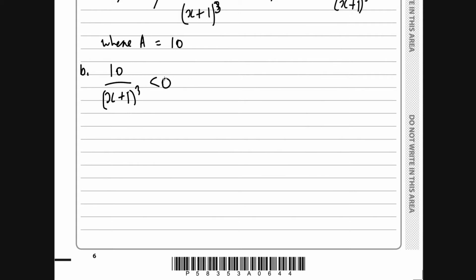Therefore, for it to be strictly less than 0, this term within the bracket is going to have to be negative. And for that to happen, x has to be strictly, so we're not going to be inclusive here with this inequality, less than minus 1. And that's the answer for that question.